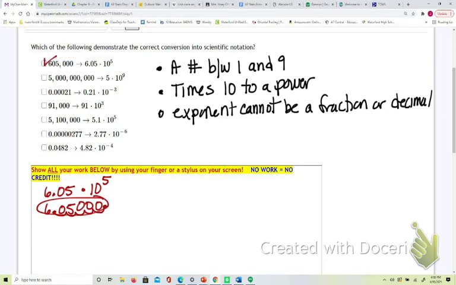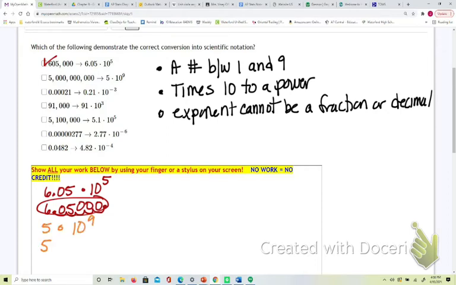Okay, now I'm going to go to the next one, and it's 5 times 10 to the ninth. Okay, 5 is between 1 and 9. It's times 10, and the exponent is not a decimal or a fraction, so I'm good. But now I need to figure out if this 9 is the right number. So 5 times 10 to the ninth.